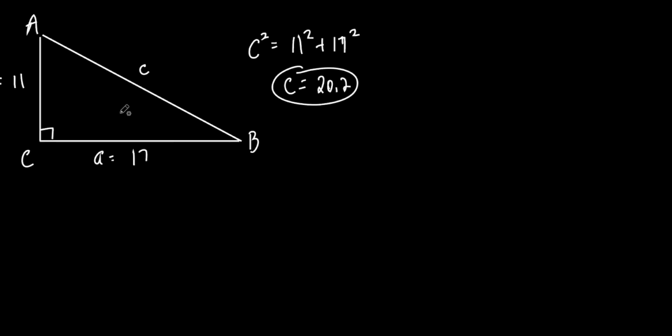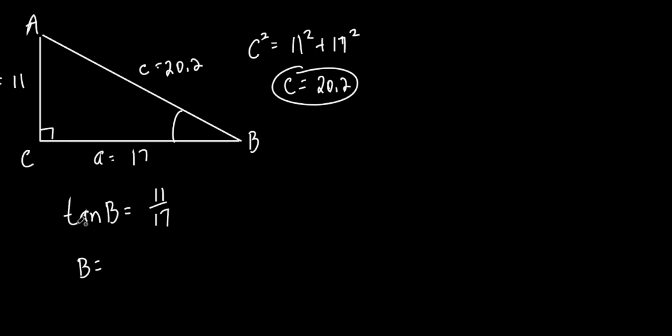Let's solve for angle B first. Now, you know all 3 of these, but this one, again, is an approximation. So let's stick with the 11 and the 17. Those are exact. So which trig function am I going to use to solve angle B if I have 11 and 17? I'm going to use tangent, because this is opposite and this is adjacent. Watch how easy this is. The tangent of B is equal to 11 over 17. How do I get B by itself?